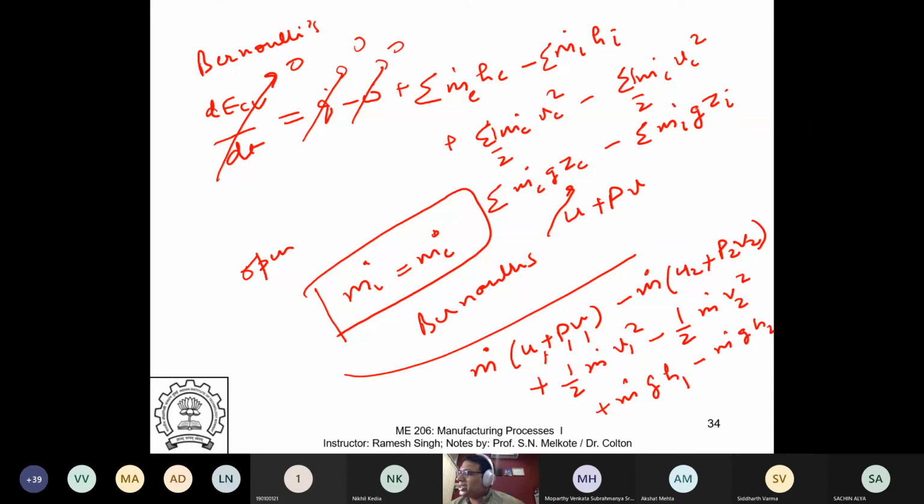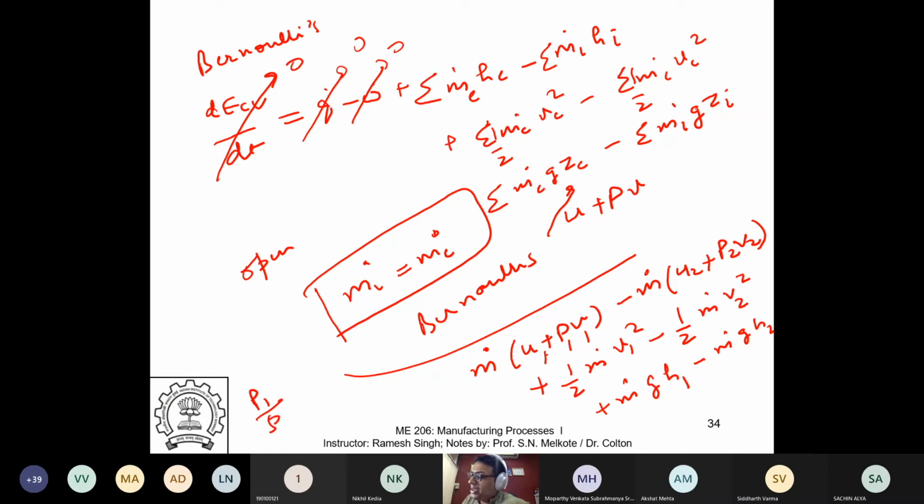Now u1 and u2 are the same, because there is no temperature change, so the internal energy is the same. The m dot also cancels out. V is specific volume, so it becomes one by rho.